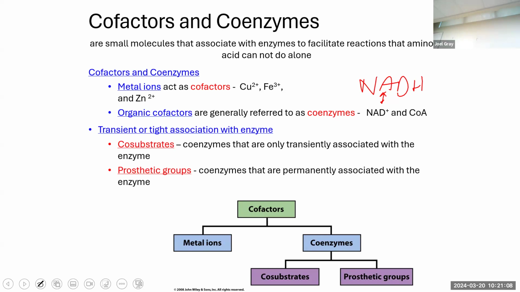So it's going to bind heme and it's going to hold on to that indefinitely. Now, everything's a cofactor. But we use coenzymes to speak specifically about organic molecules, whereas metal ions just get the terminology of cofactors.